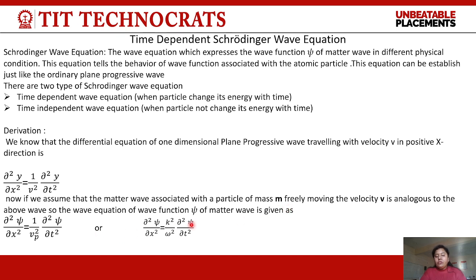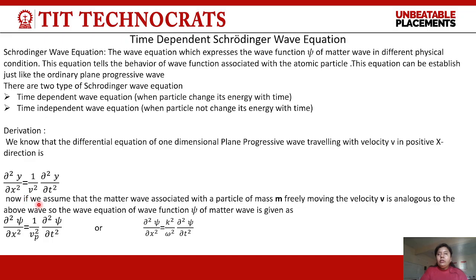In the above wave equation, the wave function y is changed, because now we are taking a particle moving with velocity v, and this particle is behaving like a wave. So in this condition the wave function is going to be changed. For the plane progressive wave our wave function is y, but for the matter wave our wave function is psi. So in the above equation, we change y to psi.